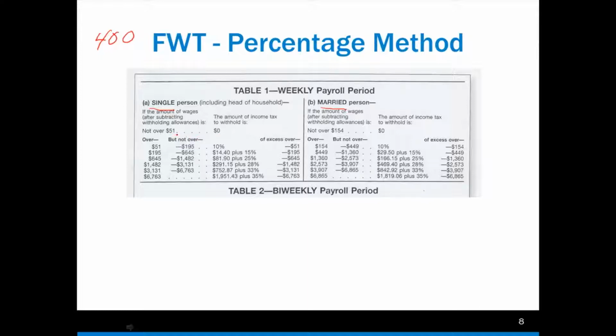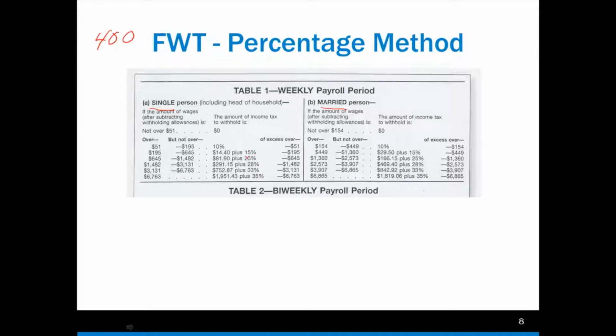However, we have two columns here, over and but not over. We have to find ourselves in these two columns because when we find out which line we're on, we look to the right, and this tells us how to calculate the amount of the tax.